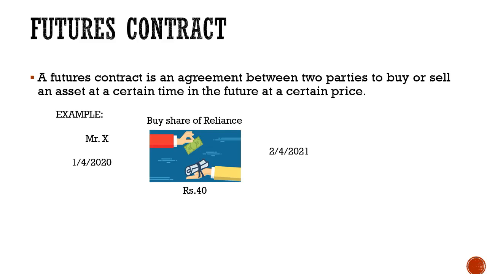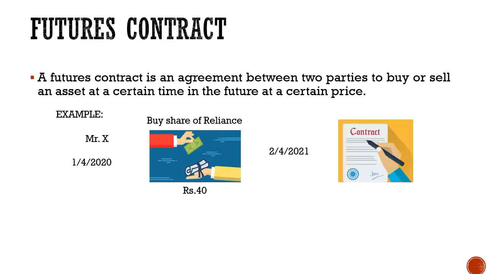So now what happens here is Mr. X goes into a contract that is nothing but a future contract, whereby it will be written on the contract that on this particular date, on 2nd April 2021, Mr. X will buy shares of Reliance at the current market price, which is at the rate of 40. This is known as the future contract.